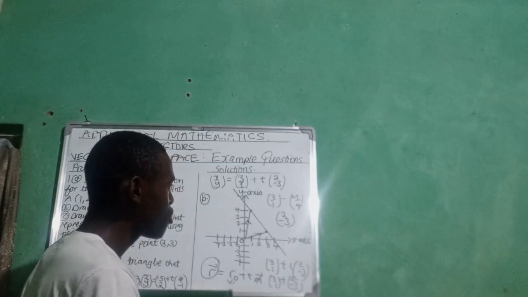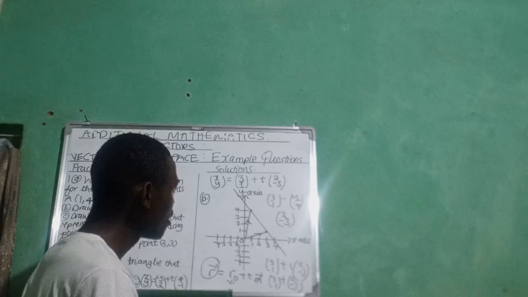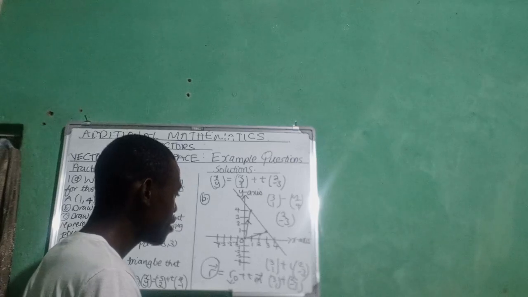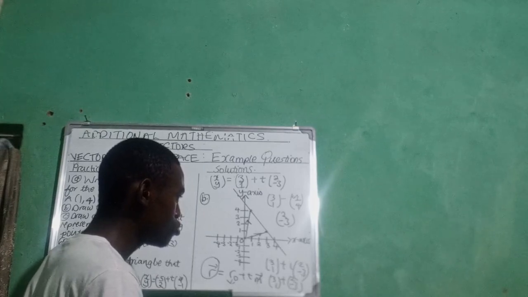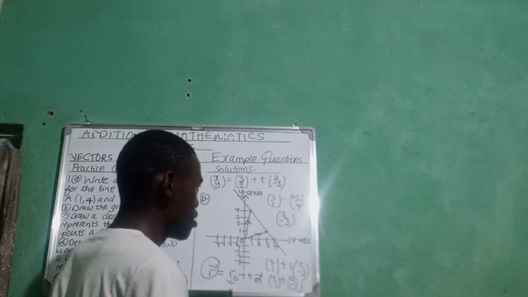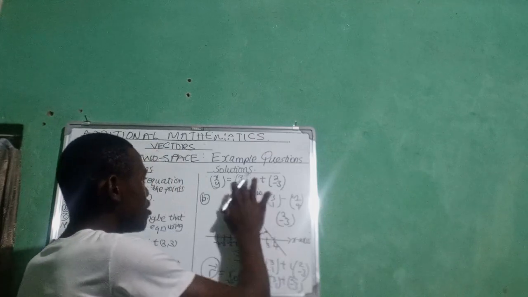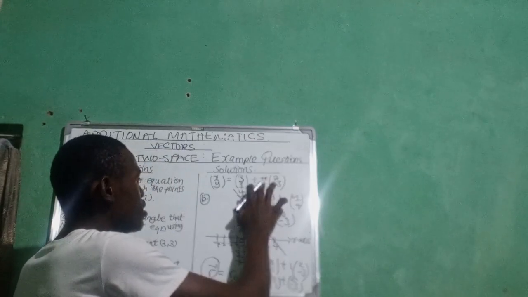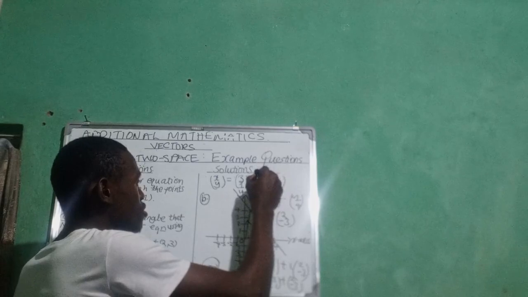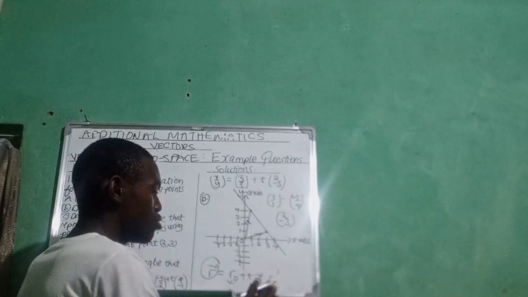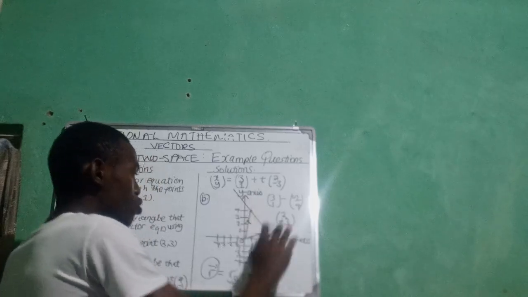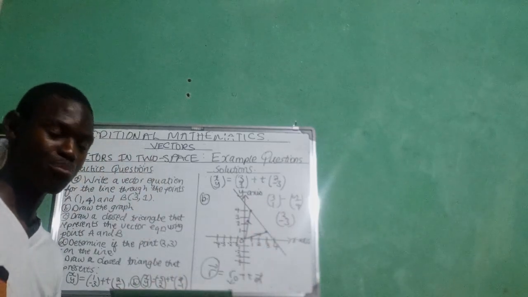So this is 3, 1, and then we add this particular direction vector 2, negative 3. That's what this is trying to tell us. This is just an example of how we need to find t. So this is the closed triangle.